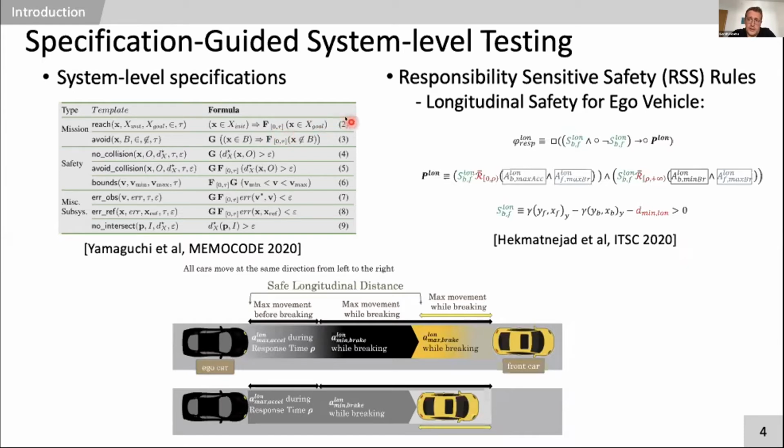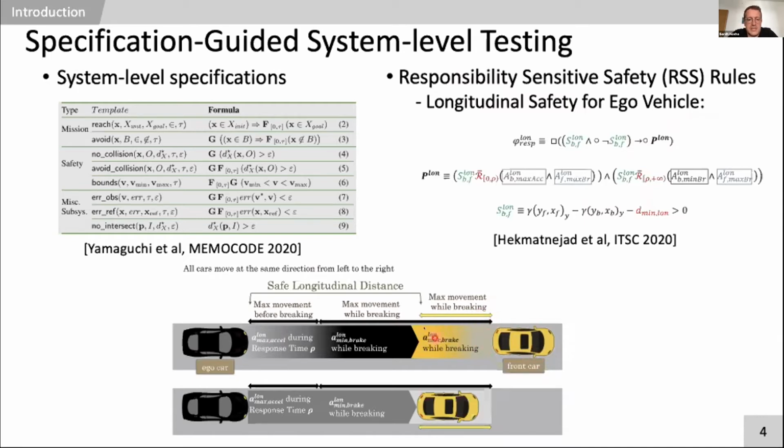Another example of this is the formalization of the RSS, responsibility sensitive safety, rules that were developed by Mobileye and Intel, such as longitudinal safety for the ego vehicle. This formula looks a bit complicated, but essentially it's a function that takes into account three things. Given an ego car and a front car, we need to consider the maximum movement while braking, potentially, for the front car.